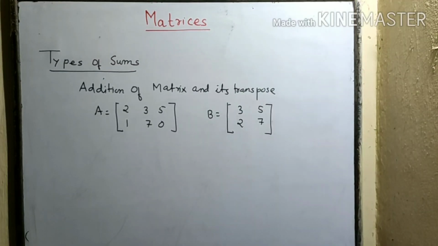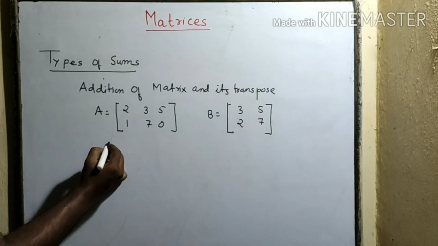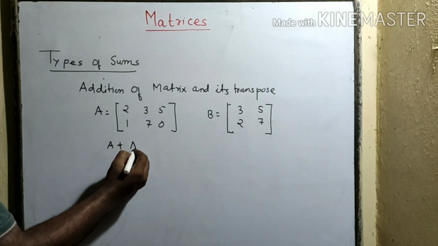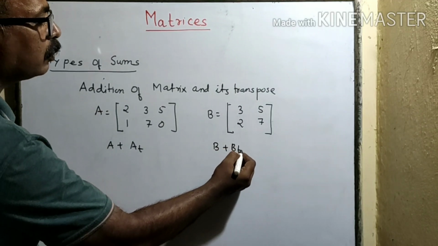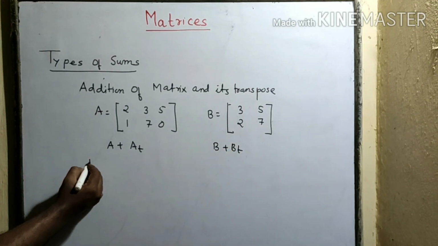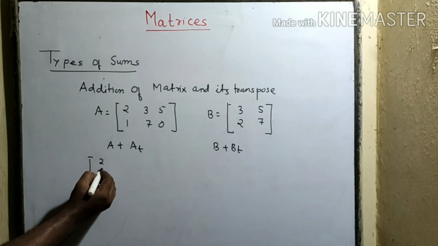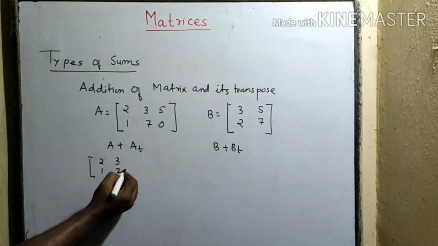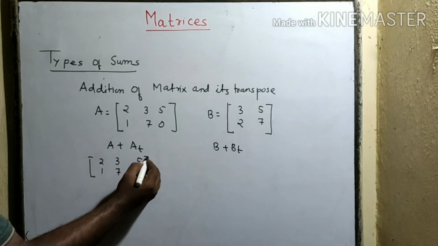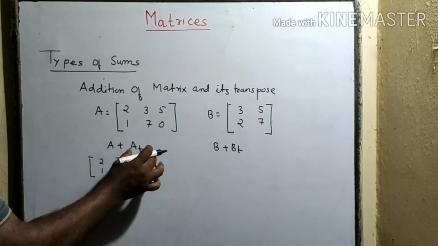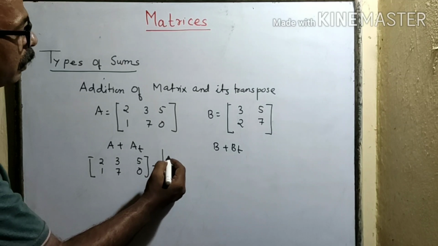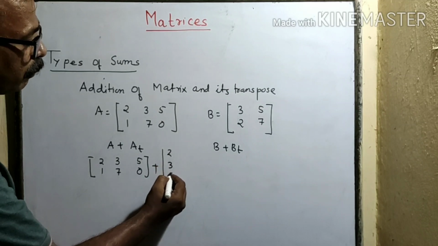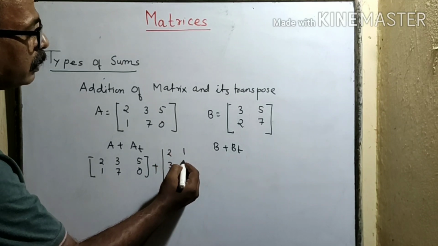Now we'll learn addition of a matrix and its transpose. So we have to find A plus AT, or we have to find B plus BT. At first A will be written as 2 1 3 7 5 0, and if we are adding the transpose of A, the order is changed, column will become row, row will become column, so it will be 2 3 5 and 1 7 and 0.